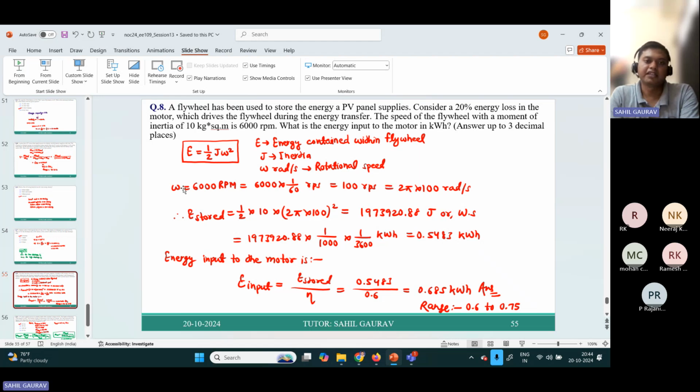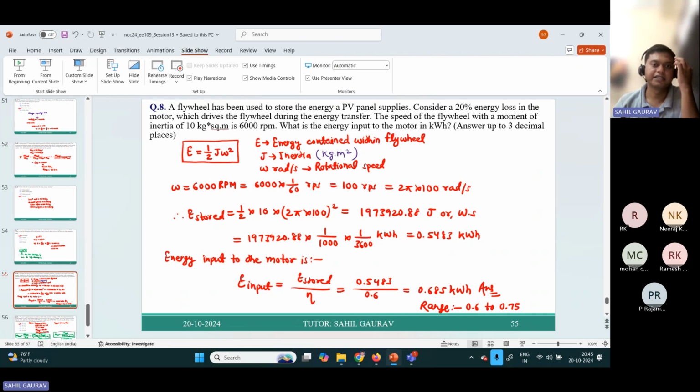And here also omega is given in 600 rpm. So first you have to convert to radian per second. It is very important to check what values you are substituting and what values you are getting in the final range. This inertia value is given in kg meter square.